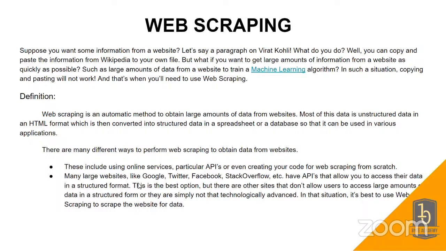This is the best option, but there are other sites that don't allow users to access large amounts of data in a structured form, or they are simply not that technologically advanced. In that situation, it is best to use web scraping to scrape the website for data.